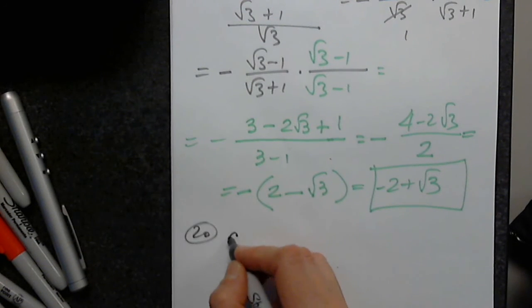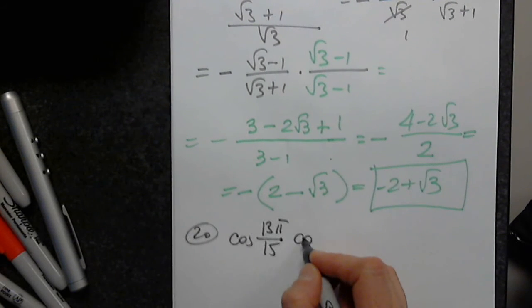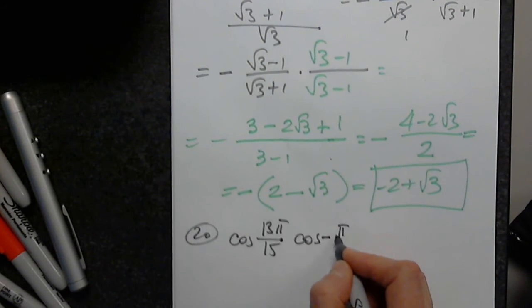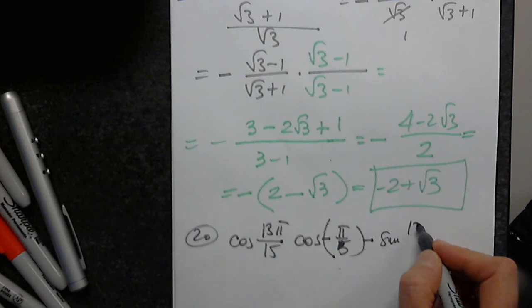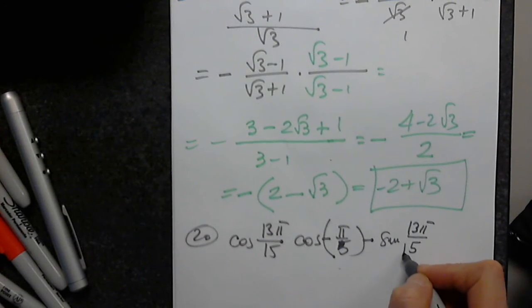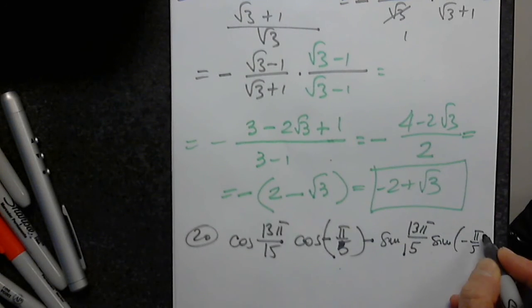And that is cosine 13 pi divided by 15 times cosine negative pi over 5 minus sine 13 pi over 15 and sine negative pi over 5.